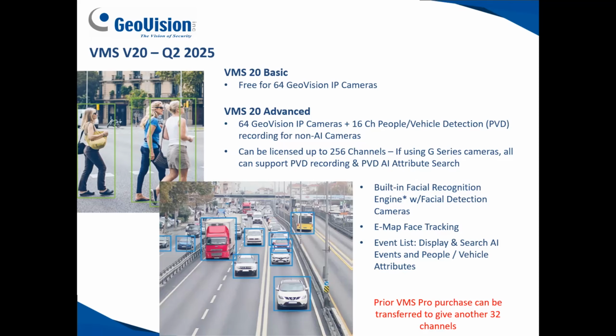This software was developed on 64-bit architecture, and it allows you to take more advantage of the machine's processor and scale all the way up to 256 channels. Obviously, there is a limit. I'm not going to tell you that you can do 256 8-megapixel cameras and display those all live on the screen, so definitely consult the data sheet. But 256 channel support is possible if you meet the specs and use the right combination of cameras.